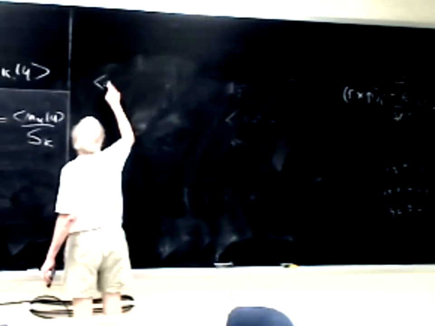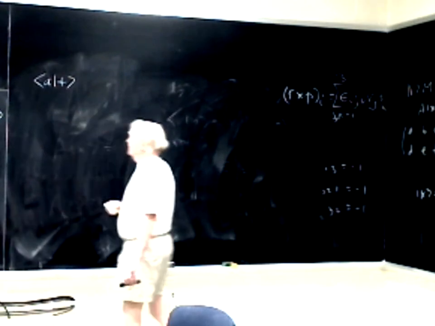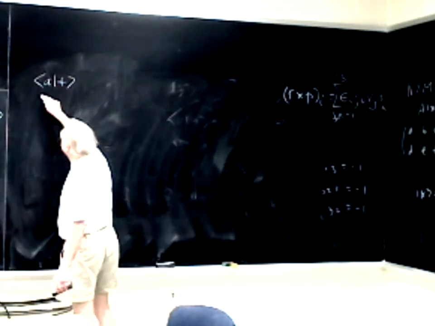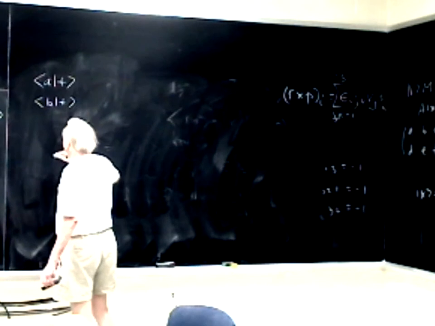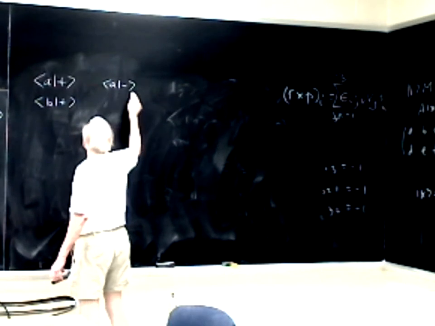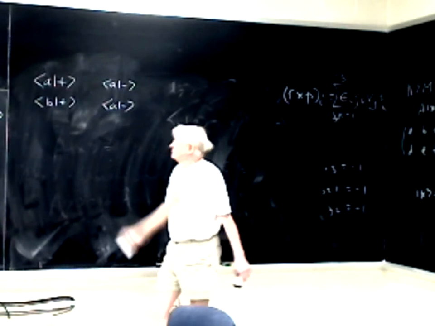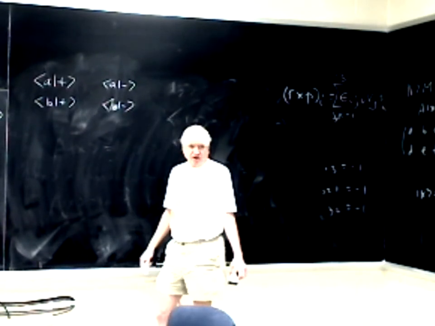In general, if we had some arbitrary basis, then that would be some complex number, and that would be some other complex number, and A minus would be another one, and A minus and B minus would be another complex number.